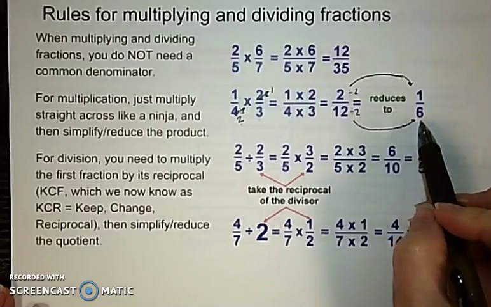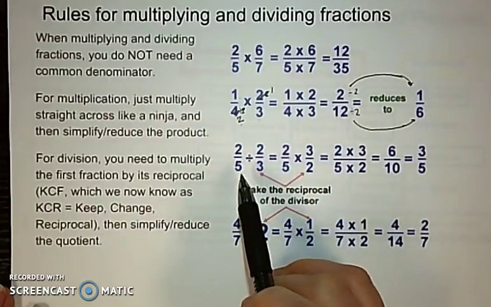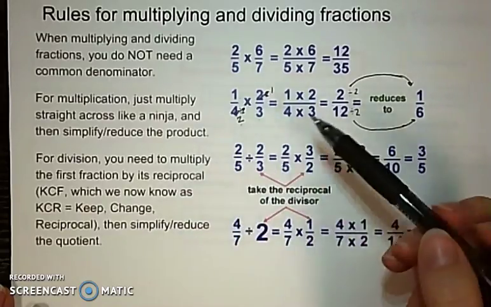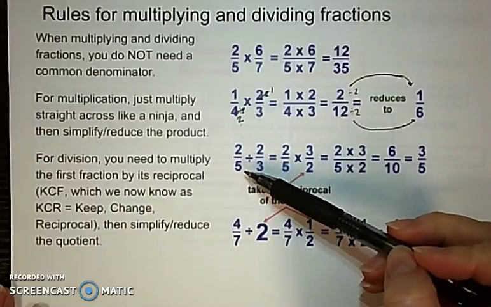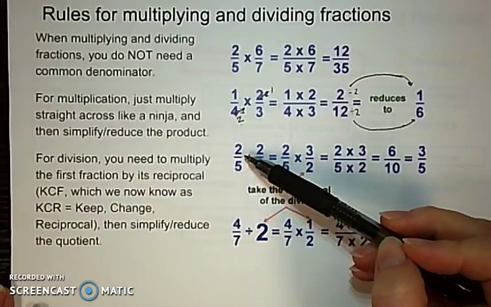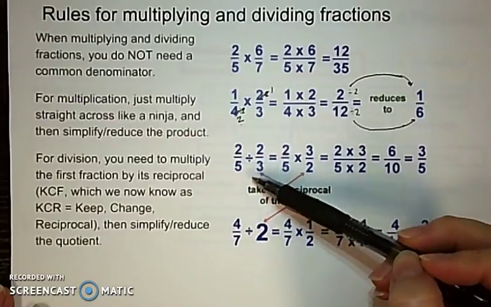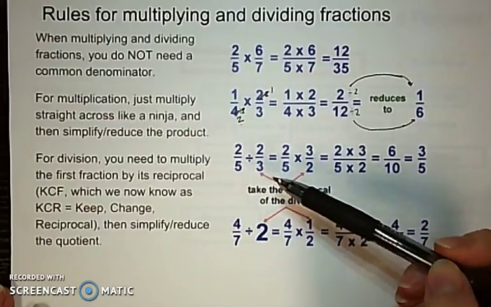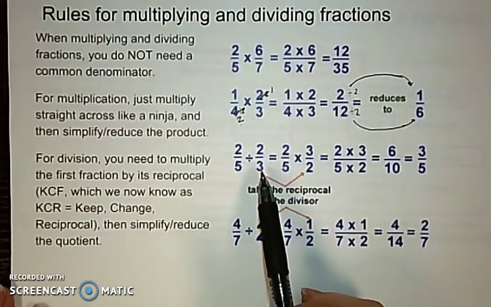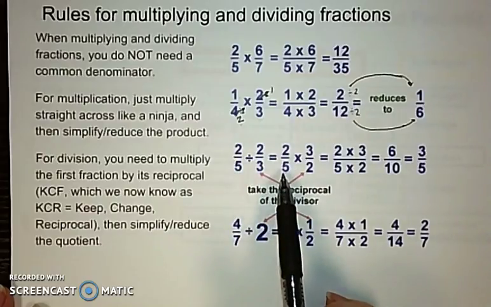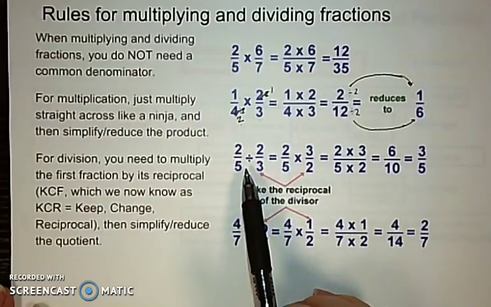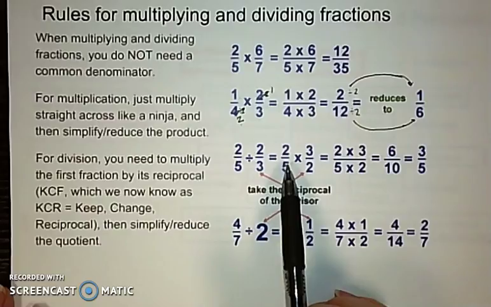When I divide, it's very similar, only I'm sure that you remember the keep, change, flip moniker that you used in 5th grade, and in 7th grade we start calling it keep, change, reciprocal. I want the reciprocal of that second number, so I'm going to keep the first number, which was 2/5. So 2/5 divided by 1/3, I'm keeping the 2/5.